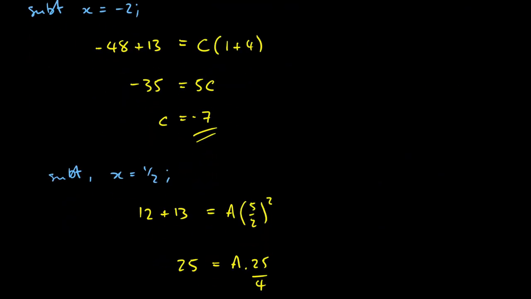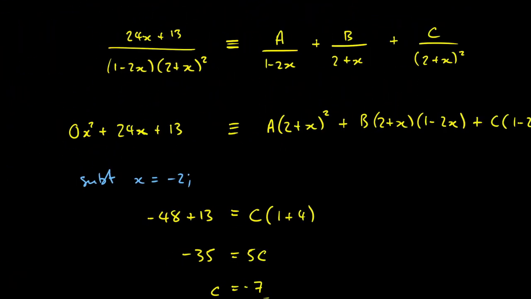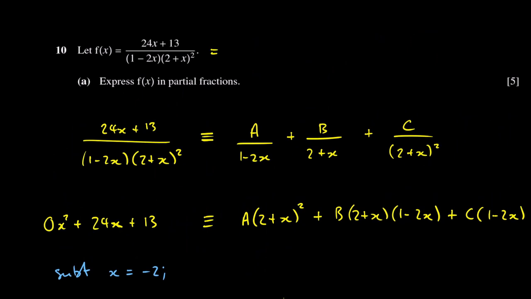Our a was 4, so it's going to be 4 upon 1 minus 2x plus 2 upon 2 plus x, and then minus 7 upon 2 plus x all squared. Okay, so there we go. We expressed it in partial fractions. I'm just going to check my answer, see if I've got that right. Make sure. Yeah, exactly right.